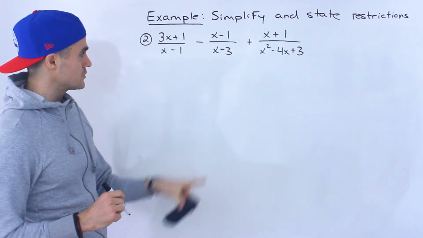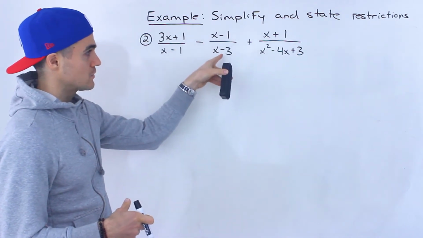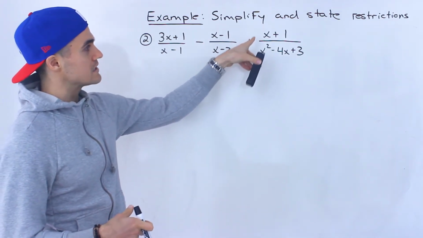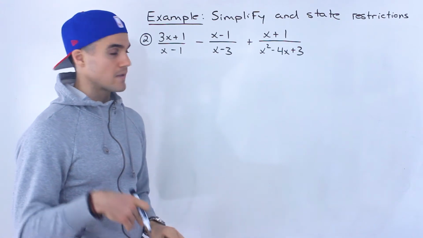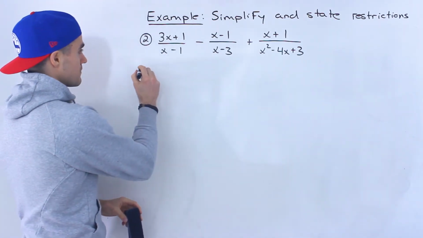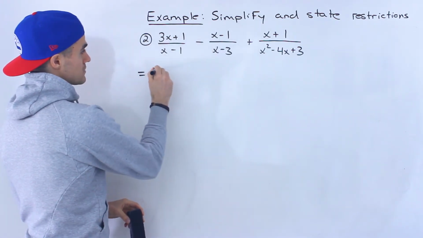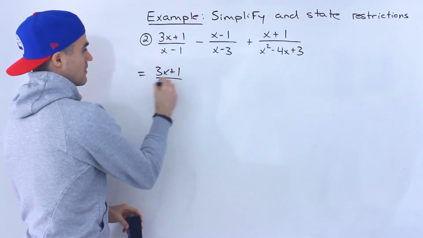And then finally, number two, we got 3x plus 1 over x minus 1 minus x minus 1 over x minus 3 plus x plus 1 over x squared minus 4x plus 3. So first step, factor. Notice nothing factors in these two terms, so let's rewrite them as they are.